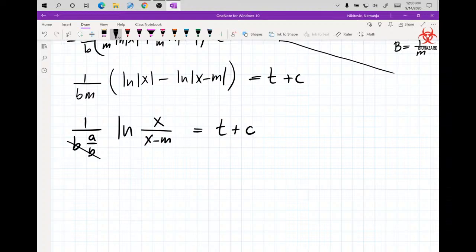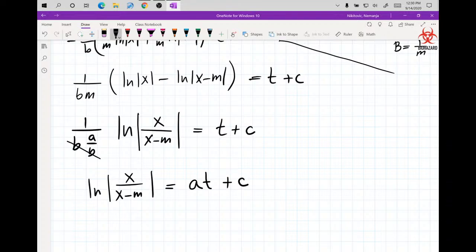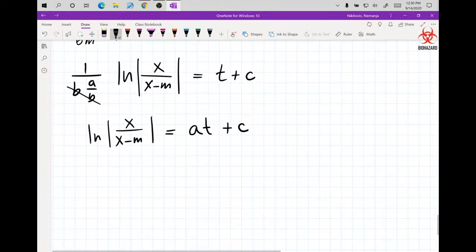So here's your number 2, 112 times to go in the course. So we're going to have, I forgot the absolute values, holy nightmare. Ln of x over x minus m is going to be equal to a t plus c. Next step is to e both sides, obviously, to fish out the variables.